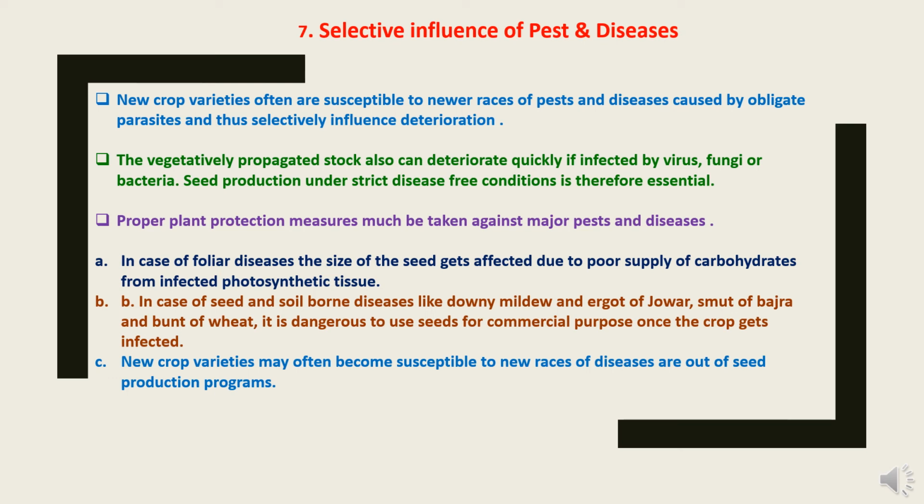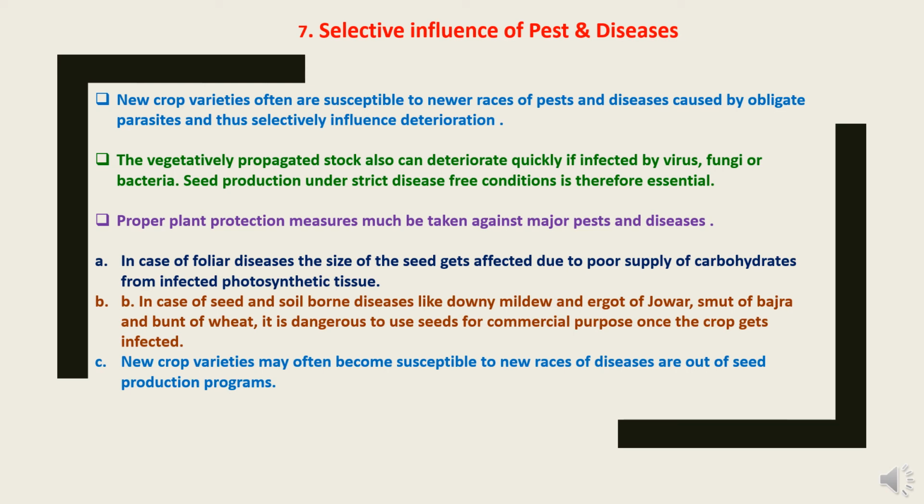Proper plant protection measures must be taken against major pests and diseases, otherwise the plant as well as the seeds get infected. In case of foliar diseases, the size of the seed gets affected due to poor supply of carbohydrates from infected photosynthetic tissues.